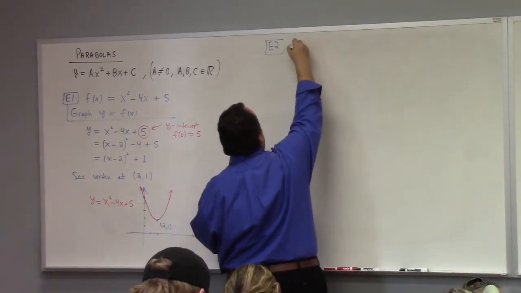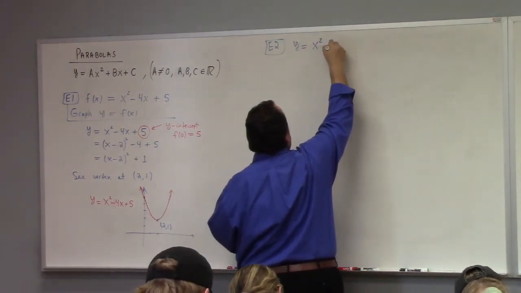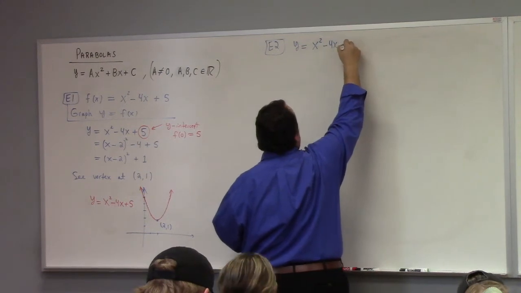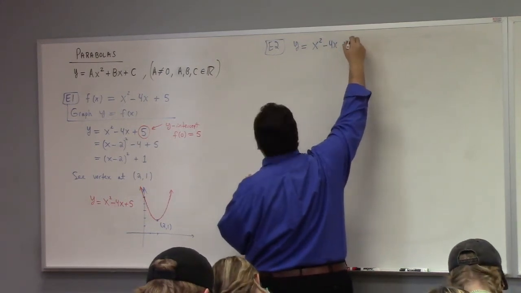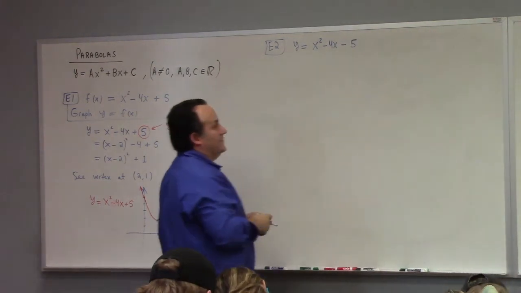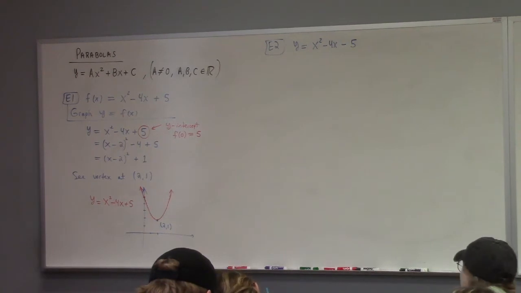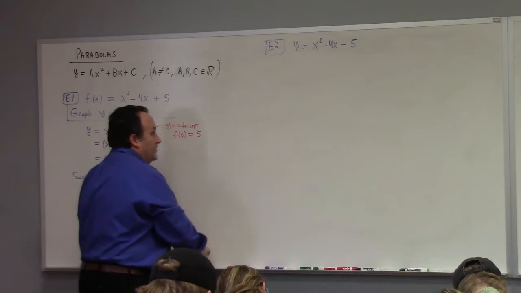Let's look at y equals x squared minus 4x plus 5. I mean, I just did that, didn't I? Minus 5. There we go. Very similar, yet very, very different. What's the right approach here? Now, I could complete the square. In fact, let me do that. Let me complete the square again.